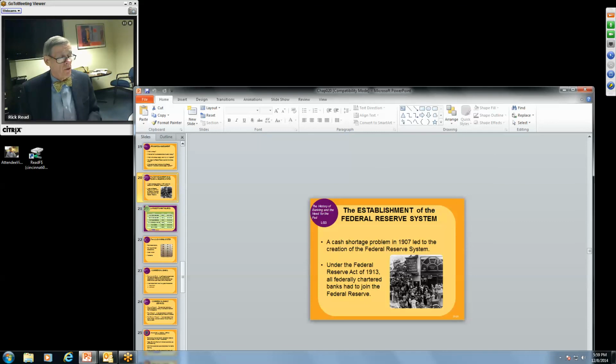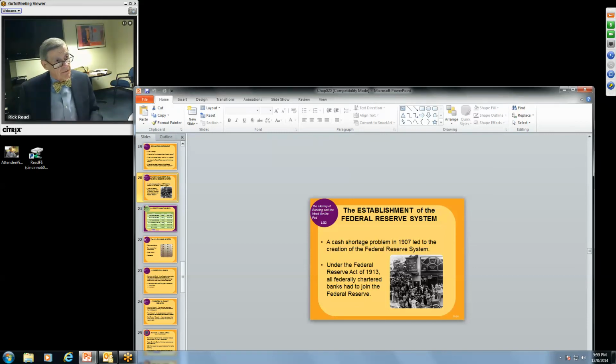Whether that's true or not, I don't know, but J.P. Morgan also offered to put up enough money to cover the needs of the recovery. And once he did that, the financial system seemed to get back in shape. But there was an awful lot of decentralization in those days.